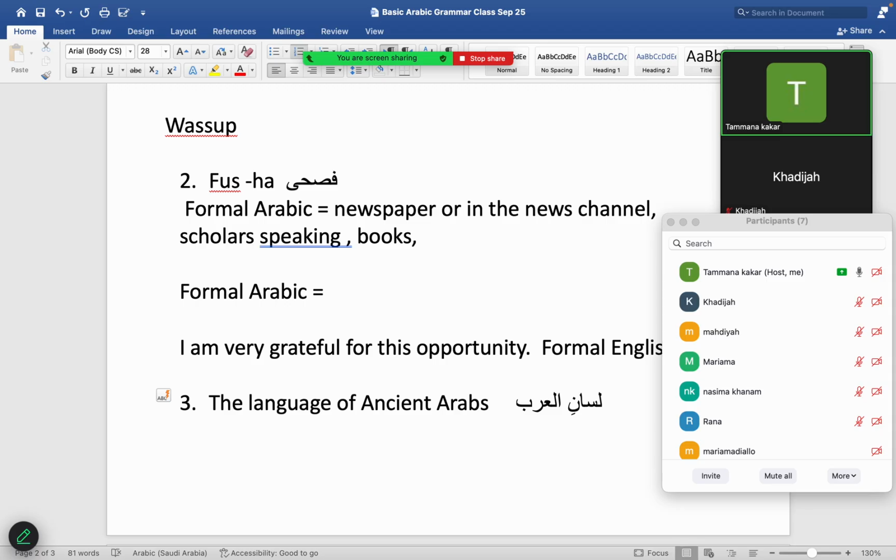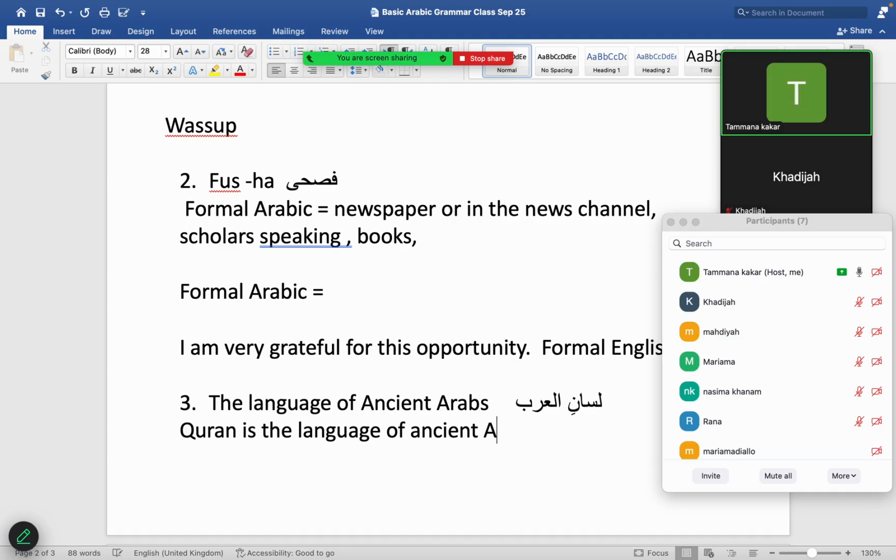So the language of ancient Arabs. So the Quran is in Lisanul Arab, the language of the ancient Arabs. Why is it the language of ancient Arabs?